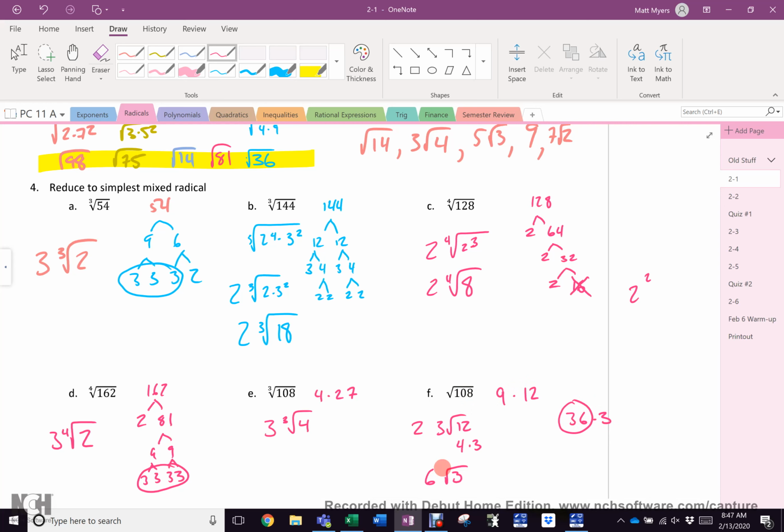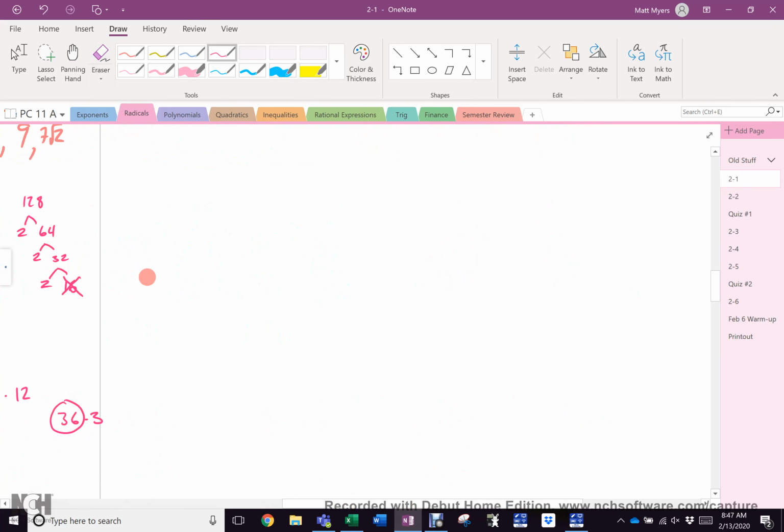Now remember, I said to a lot of people in the last unit when we were doing something like this, 18 to the 2/3. Right? Now you all know that's the cubed root of 18 squared, yes?